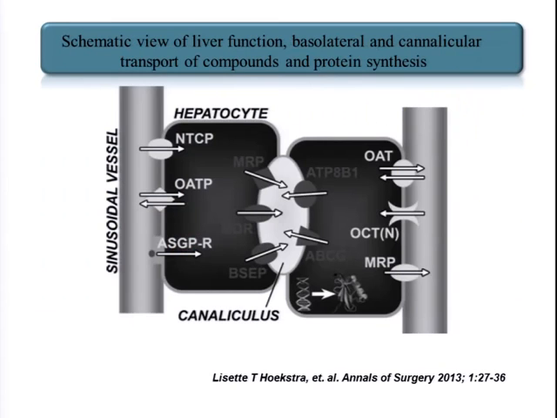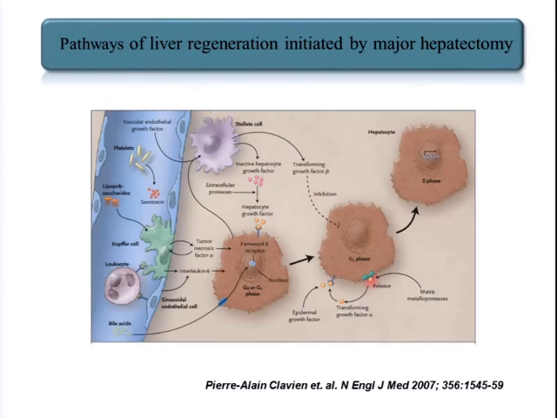That's because the liver has many functions. For example, it has to transfer compounds, and it has to make lots of proteins. If we do a liver resection, lots of growth factors and cytokines are secreted from the cells, and they can make liver regeneration very fast.